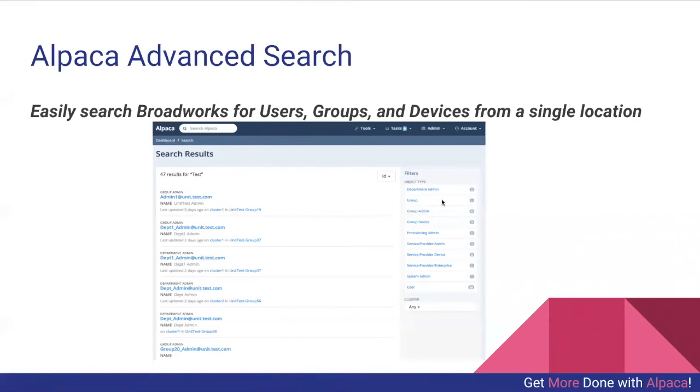It's a little too small on the right-hand side, but you can filter based on the object type over here. We had a double-digit number of users there, and then you can click on them. The blue links are all clickable, so you can hone in on that, and that means you can very easily and quickly find your users, your groups, your devices from a single location.